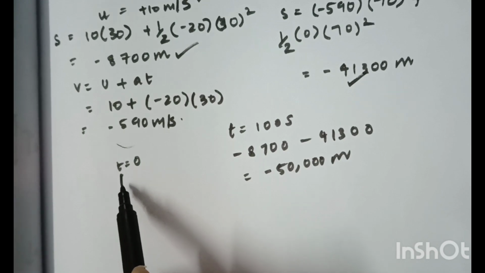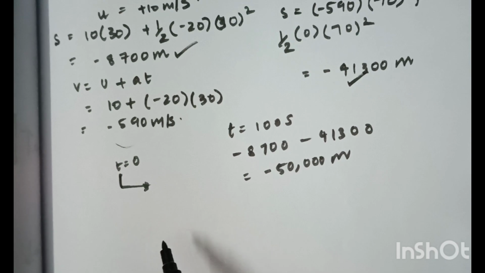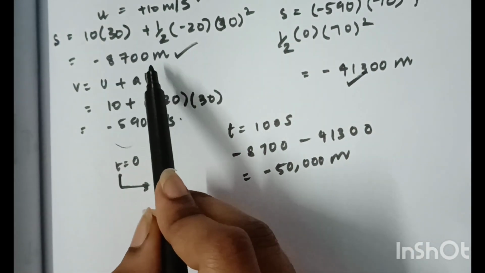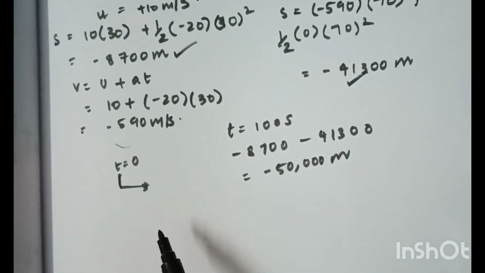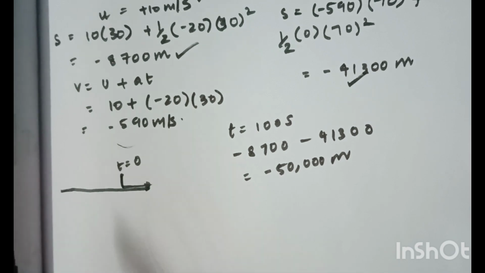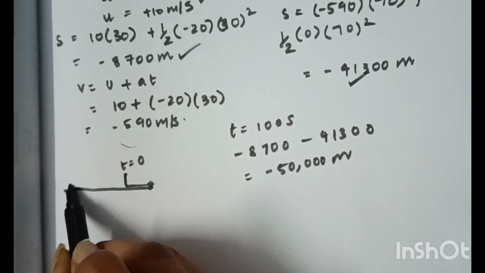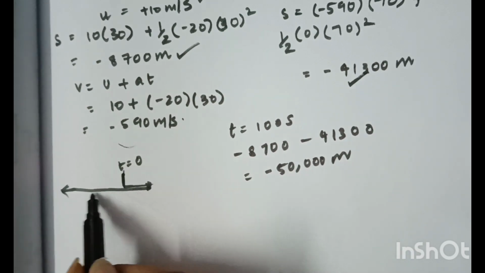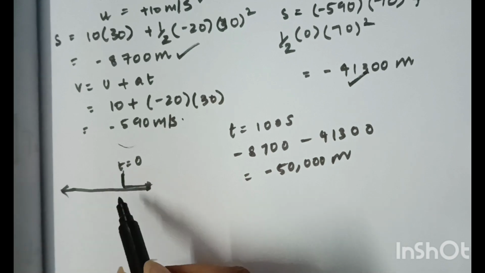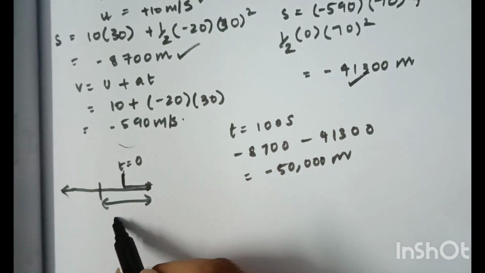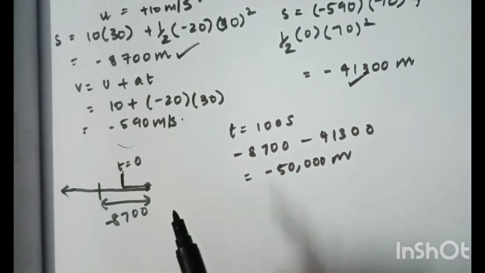So it may be starting in this direction, but because of that, we have seen at 30 seconds it is at minus 8700 meter. That means it has moved in this direction because of that retardation. So at t equals 0 it was here, and at t equals 30 seconds this is the position, that is minus 8700 meter.